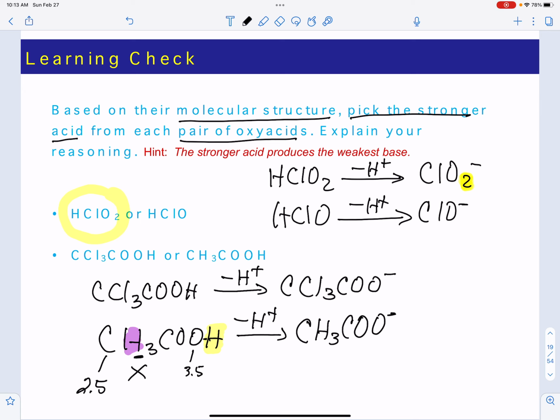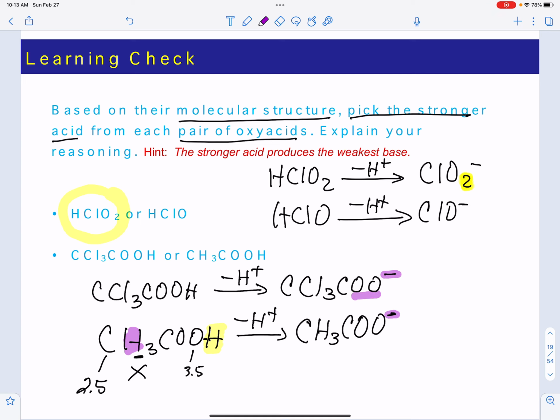So the question now is, which of these bases is the most stable? If we find the most stable base, then we found our strong conjugate acid. So how do I know which one is the most stable one? The negative charge is on the oxygen, so electronegativity has nothing to do with it. What about the number of oxygens?